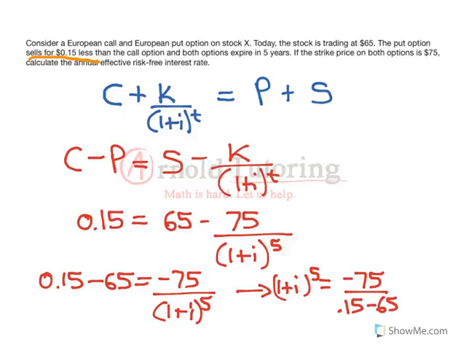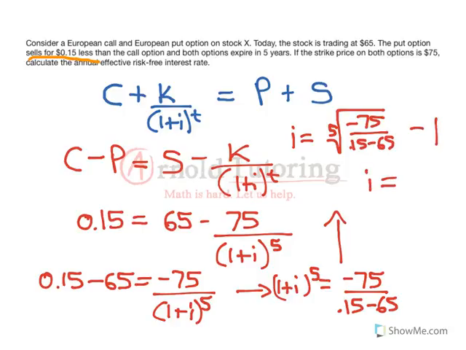From there we just take the fifth root and then minus 1. So our final answer before we put it in the calculator should be i equals the fifth root of negative 75 over 0.15 minus 65, all of that minus 1.